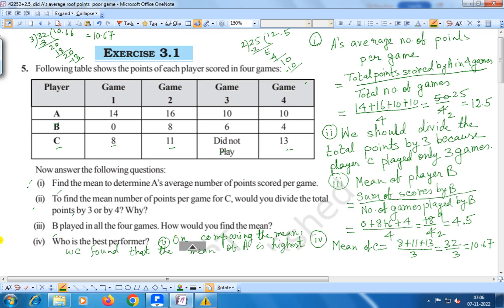Therefore you can say that A is the best performer. Here you can compare also: A's mean is 12.5, B's mean is 4.5, and the mean of C is 10.67. Therefore the highest mean is of A, so A is the best performer.